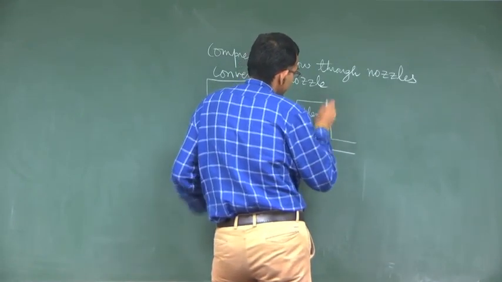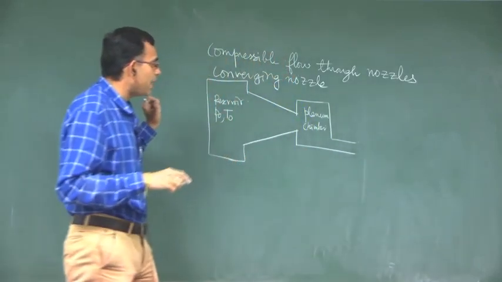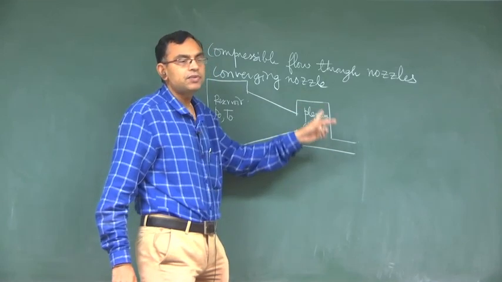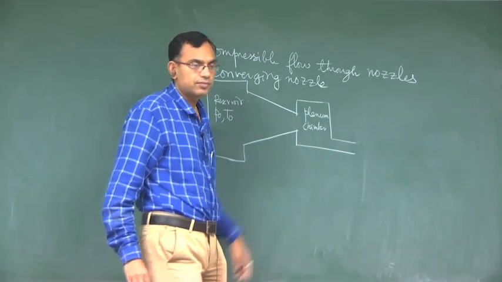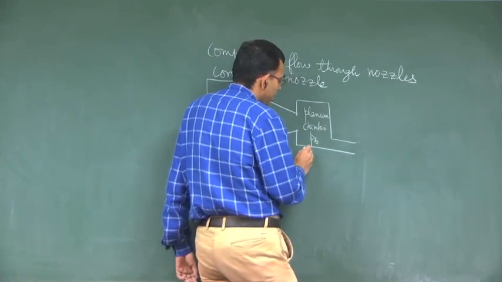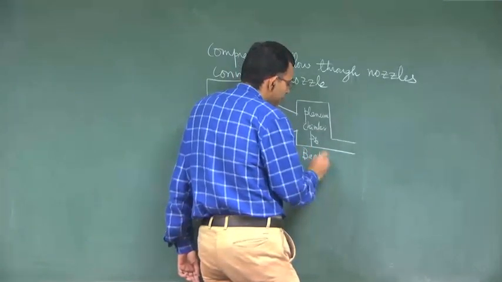What is done is that there is a way by which experimentally you can control the pressure in the plenum chamber, which is called the back pressure. So, the pressure in the plenum chamber is called PB, the back pressure.